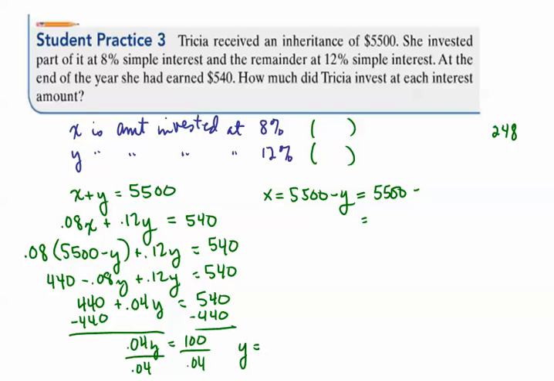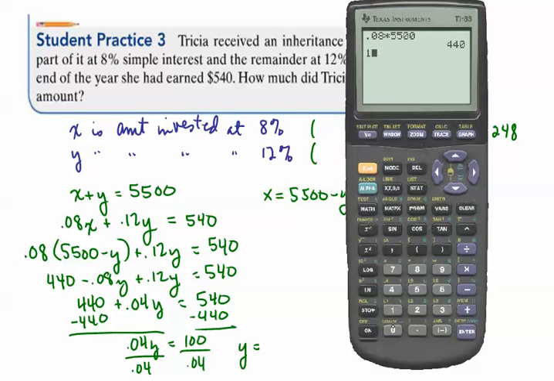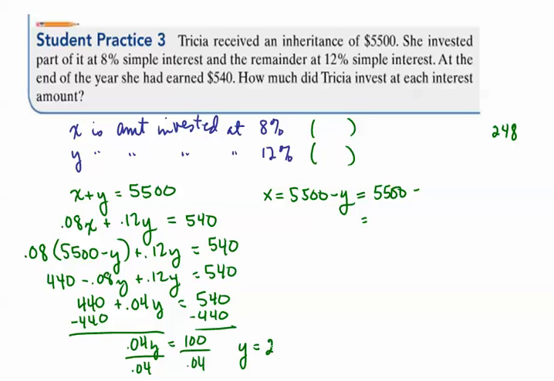And $100 divided by 0.04 is equal to $2,500. So $2,500 was invested in the second account at 12%, and 5,500 minus 2,500 would be $3,000 invested at the 8% rate.